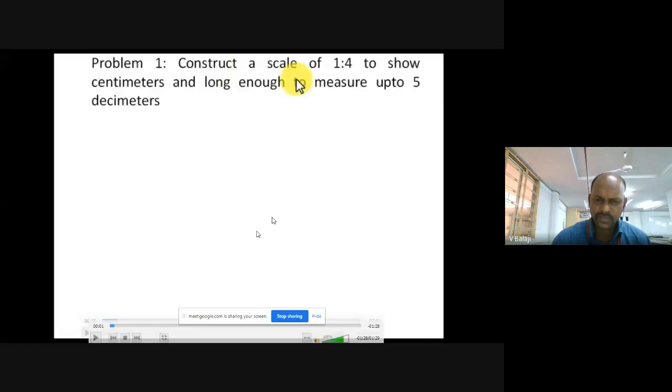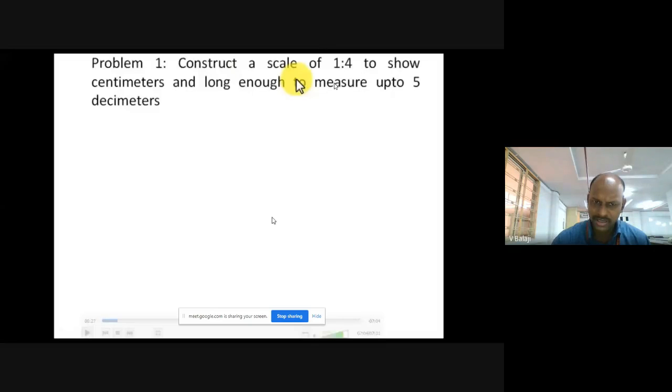Now tell me, have you seen ordinary scales like the 15 centimeter scale, 30 centimeter scale, right? Yes, sir. Even if you go to shops, in cloth showrooms, you will find 1 meter scales also, maybe steel or plastic, right? Now see, here also we are doing the same.